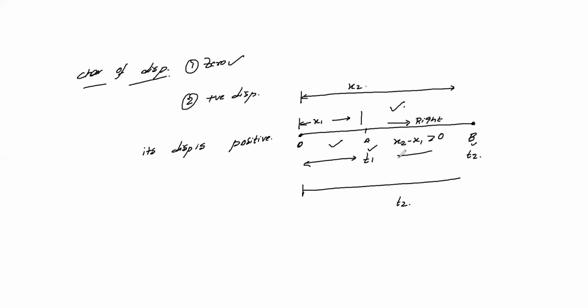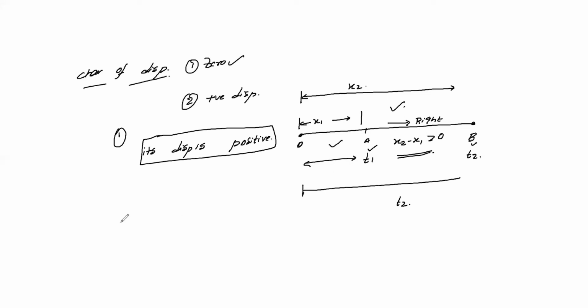When x2 minus x1 is greater than 0, it is a positive displacement. Remember it. So there is a path, a route, and it is not zero here.